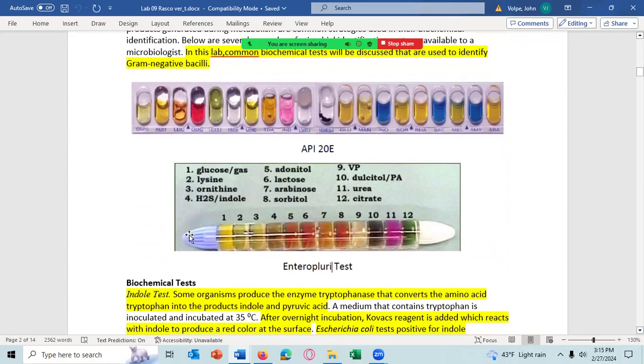What you do is you take this metal pen and get bacteria in the tip of the pen, and then you push the pen inside right here, and then you inoculate 12 tests as the pen goes all the way through these different tests. We won't talk about most of these tests, but we'll talk about a few of them. Any questions about any of that?